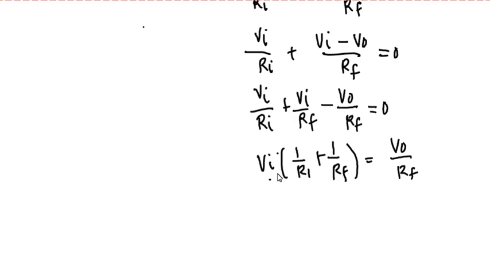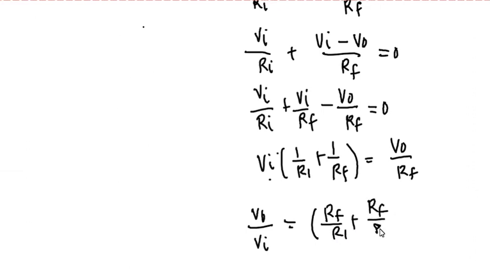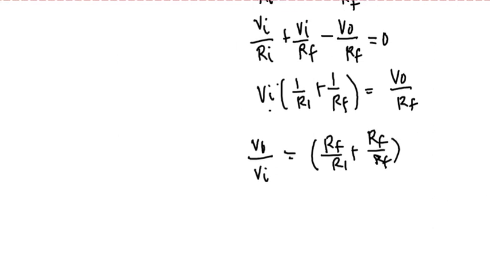Since we will be computing for the gain, we are going to find the value of VO all over VI. I multiply this by my Rf, and multiply this by my VI. So that will be equal to Rf all over Ri plus Rf all over Rf, and this one will automatically be equal to 1.